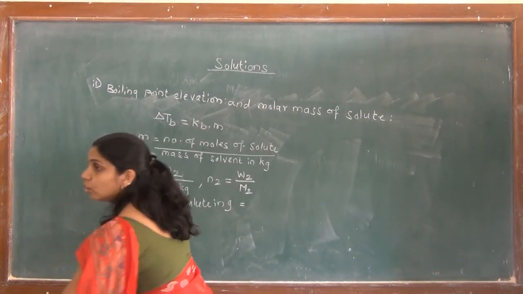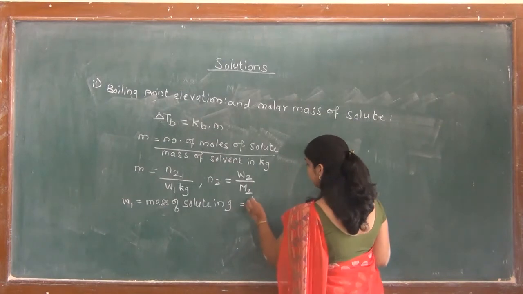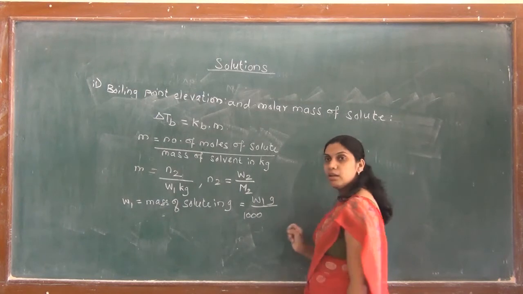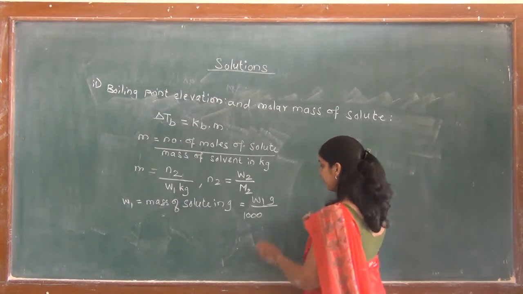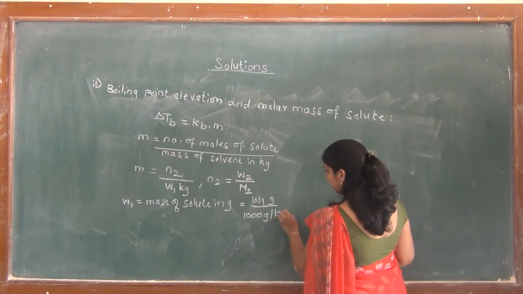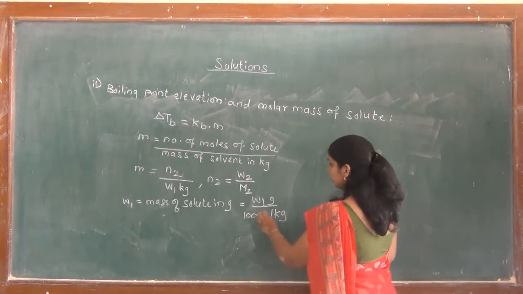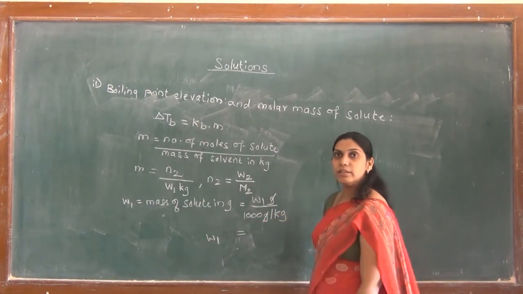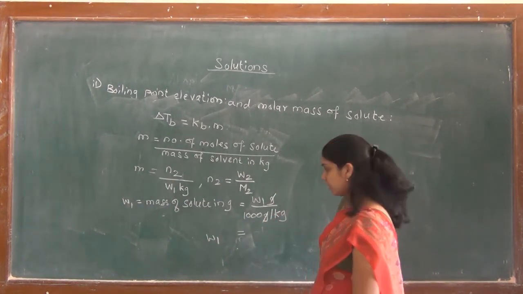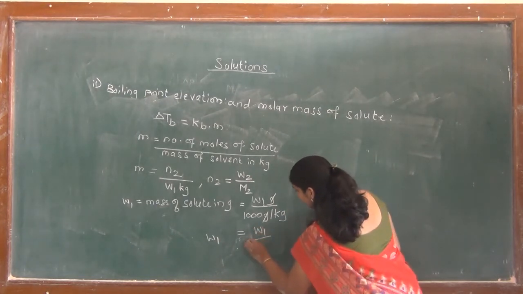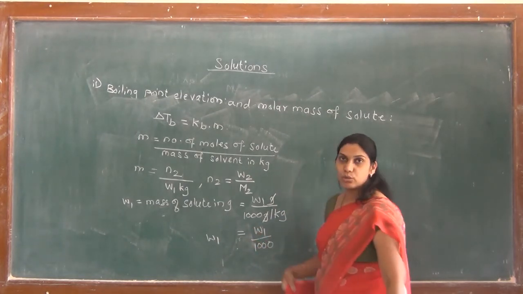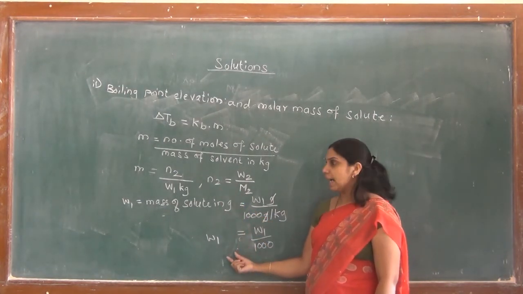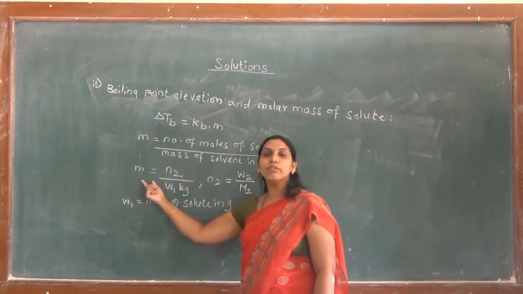So, W1 changes to W1 gram divided by 1000 gram per kg. Here, gram gets cancelled. So, for W1, its value in kilogram is obtained as W1 divided by 1000.